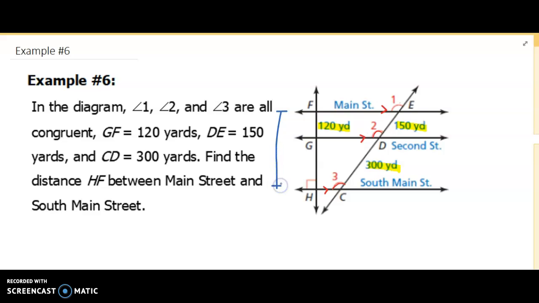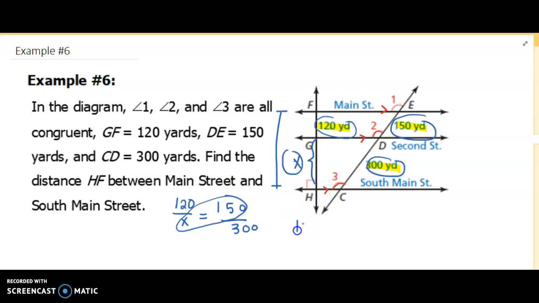Well, we can't jump straight there. We have to do another step first. First thing we have to do is find GH. I'm going to call it X. So I can say 120 is to X as 150 is to 300. Now I have a proportion. I can solve that proportion.